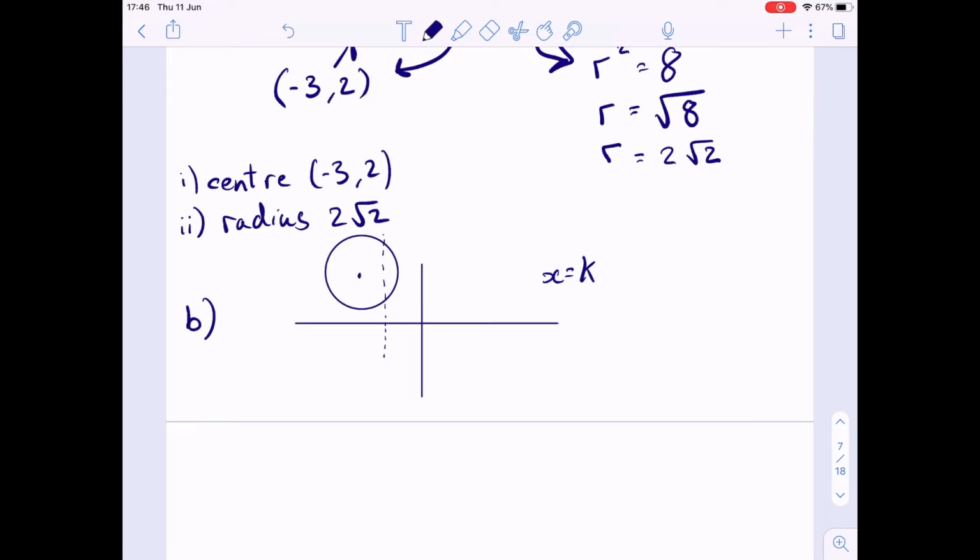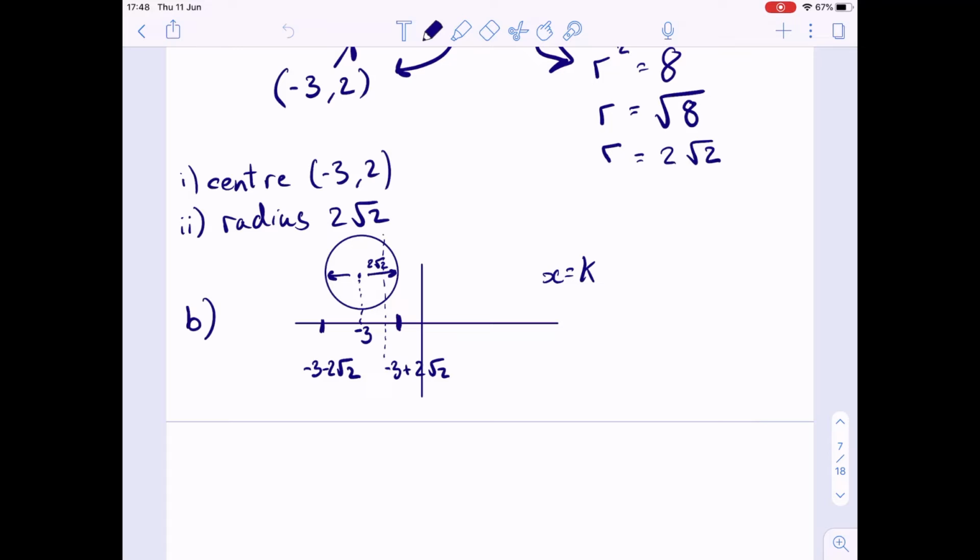Okay, now if it has 2 distinct points, it's going to be anywhere between the rightmost point of that circle and the leftmost point of that circle. And as we know what the radius is already, that's 2 root 2, and we know where the centre is at -3 here, we can say that it's not going to be anywhere past this point or this point, which is -3 plus 2 root 2 and -3 minus 2 root 2.